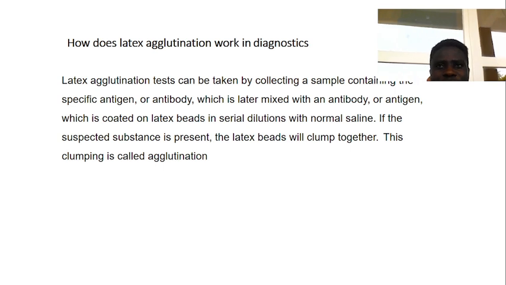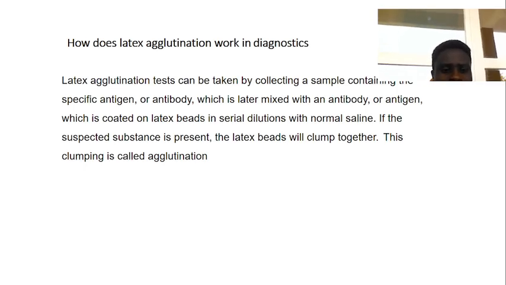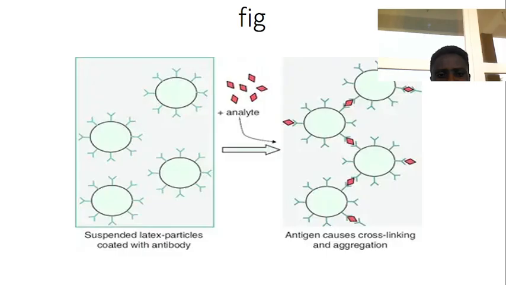You can mix antibody to antibody or antigen to antigen, and when released, they make latex hybrids that can clump together. This clumping is agglutination.